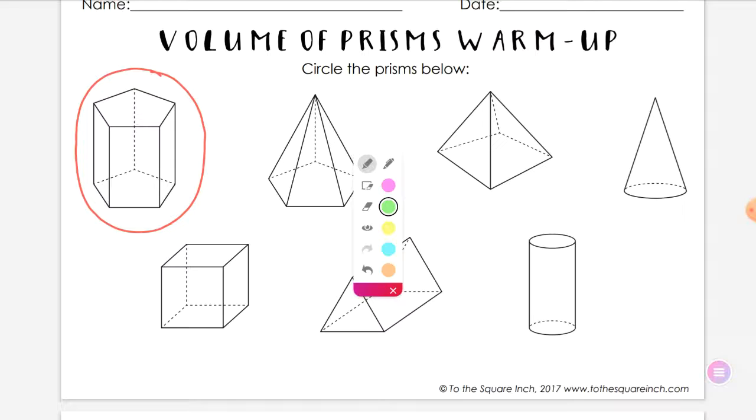The base. Why would we get stuck on that, Harper? Because we do not have a formula to find the area of a pentagon. There is a formula. We don't have to know it in 5th grade. 6th grade, sorry. You're barely 6th graders. I want you to highlight that pentagon.